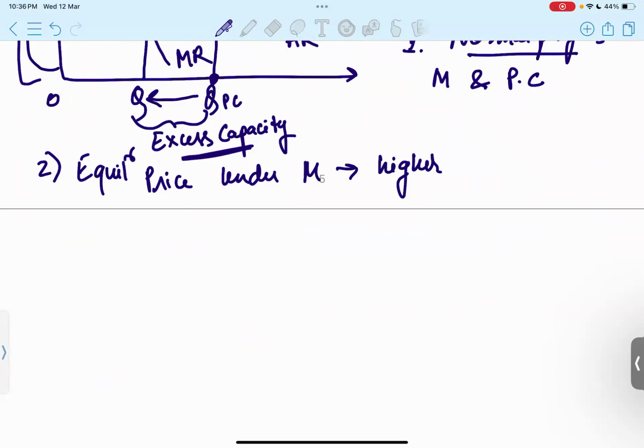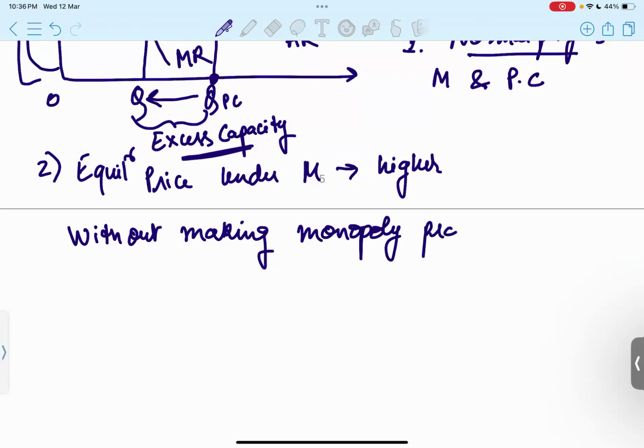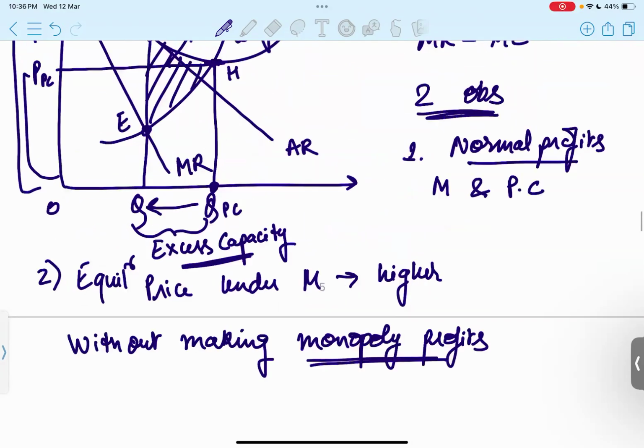So in the end, we can say that monopoly charges higher prices without making monopoly profits. There's been a direct question in the examination where this statement has been directly asked, without making monopoly profits. Monopoly profits are the supernormal profits, although you are charging a higher price.